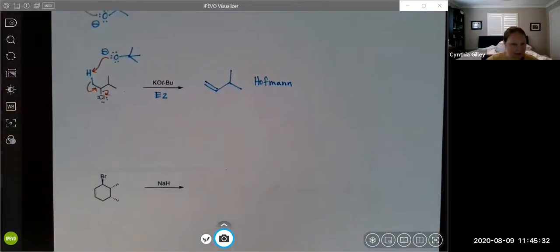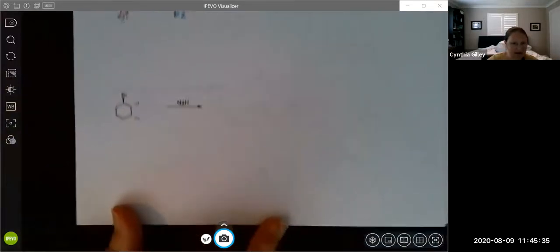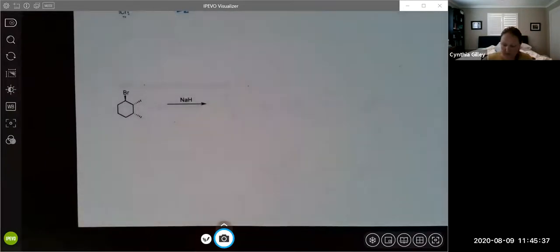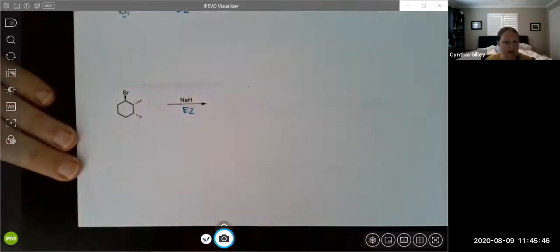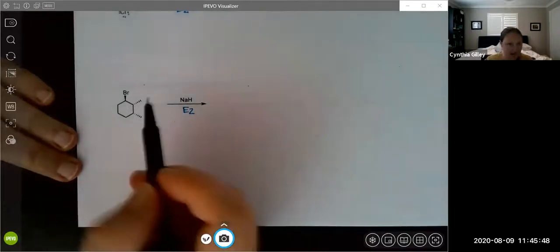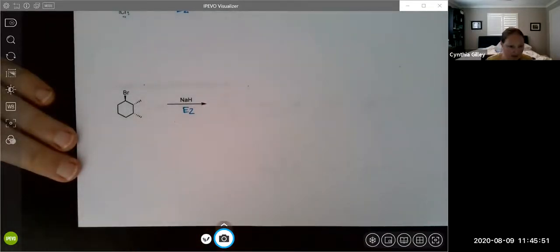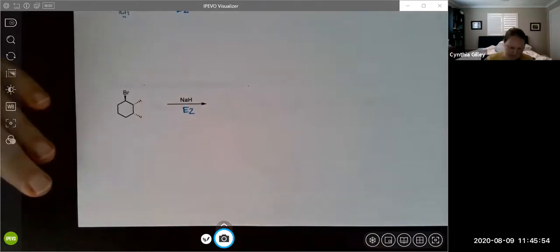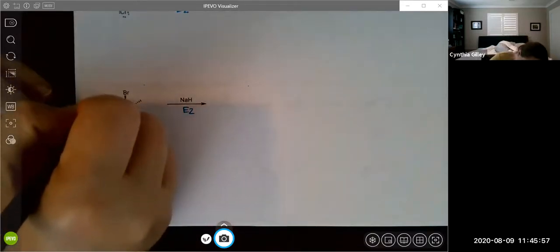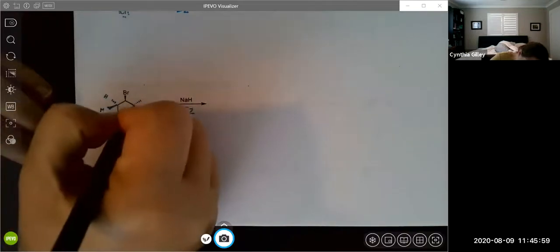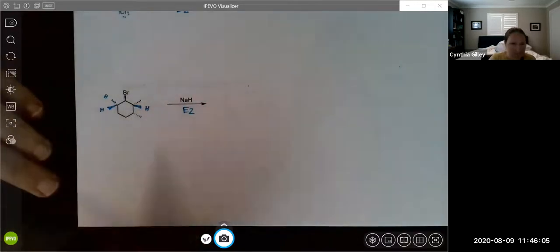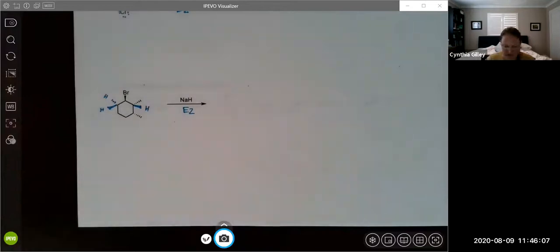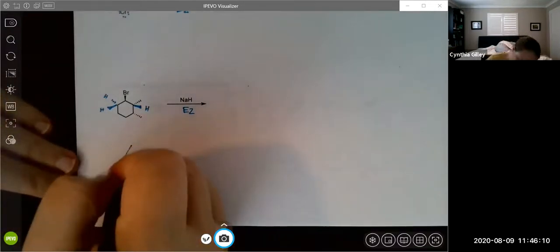All right, the next one, sodium hydride is a strong base, so it will very likely do an E2 reaction as well. But it's very small, right, not bulky, so we're thinking again Zaitsev. When we have a ring like this, though, we need to think about which hydrogens are accessible, because we do have the two hydrogens over here, right, and we have one here, but we actually cannot remove this one, because if you draw it out in a chair conformation, it's easier to see why not.